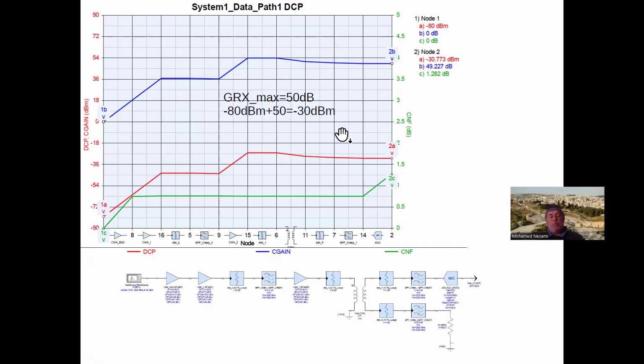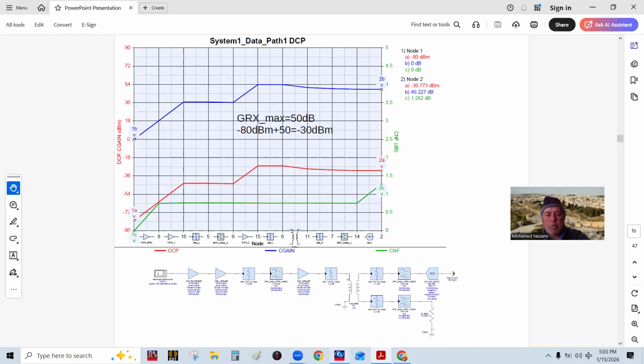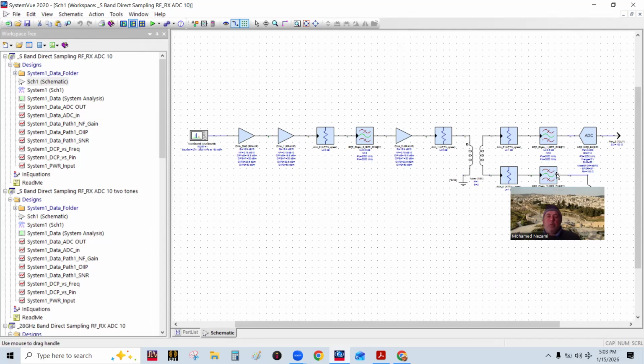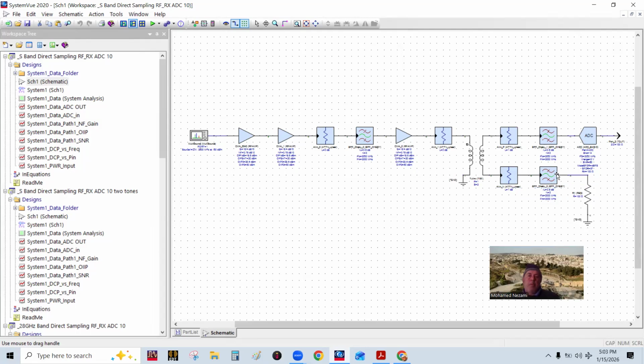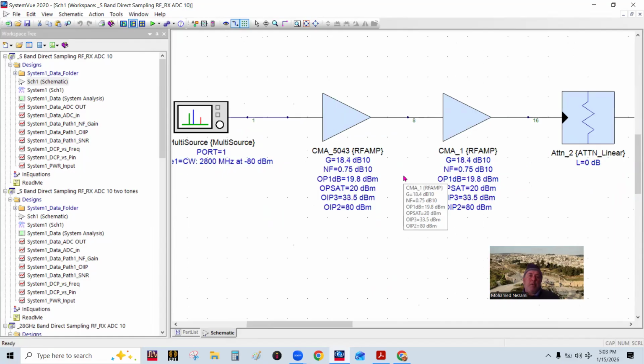All right, so let's go to the tool and build up the system. I put in 3 devices, and let me shift over to the actual circuit. So here's the system block. What I did was pick up a device, the CMA_5043, which has these characteristics.